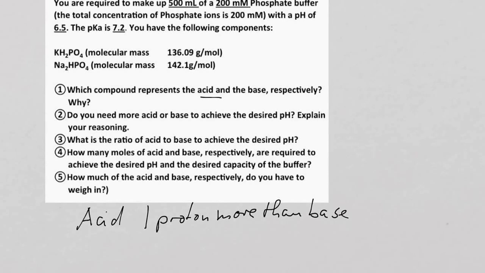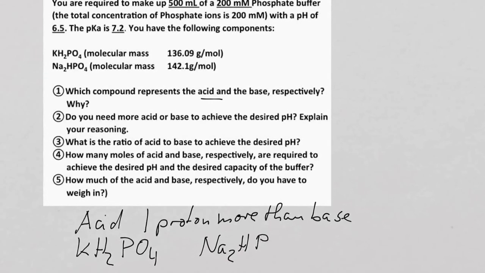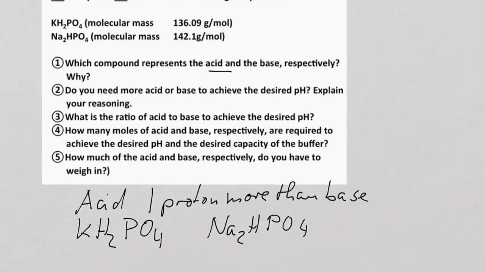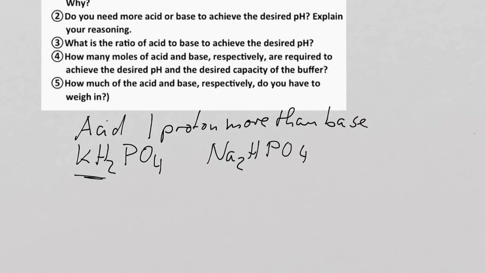So here, when we look at KH2PO4 and compare it with disodium HPO4, we see that this compound has 2 protons, whereas this compound has only 1 proton.